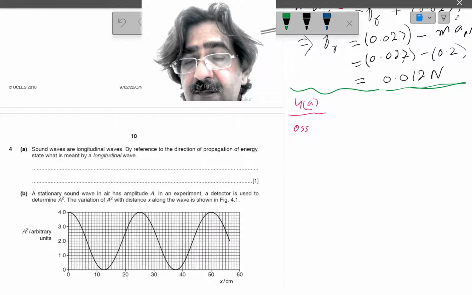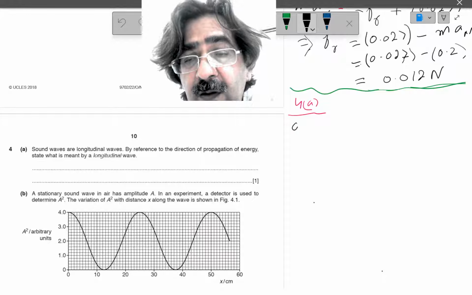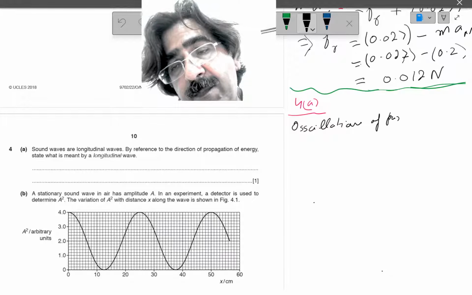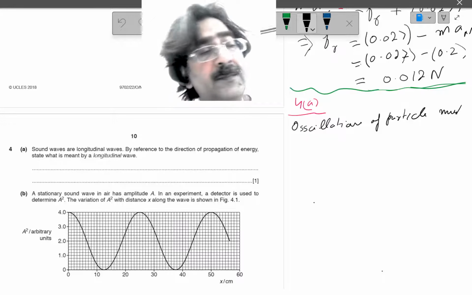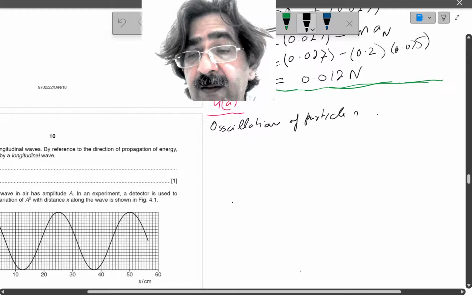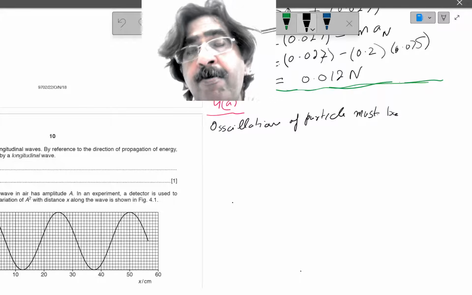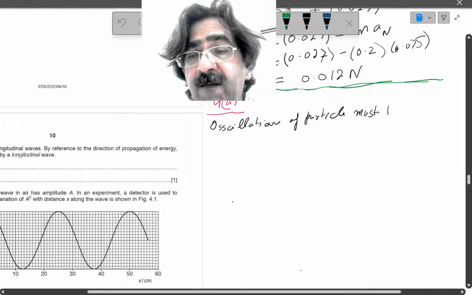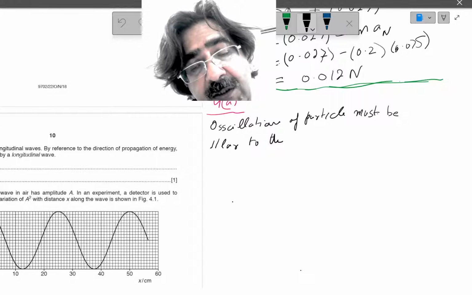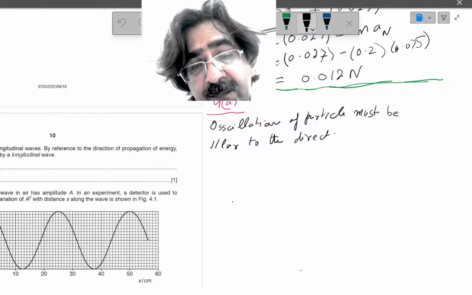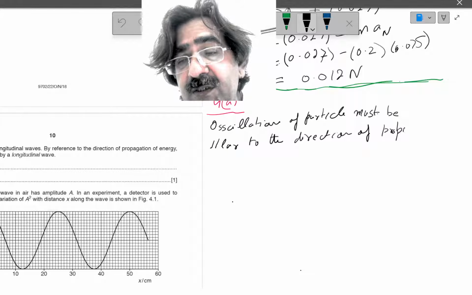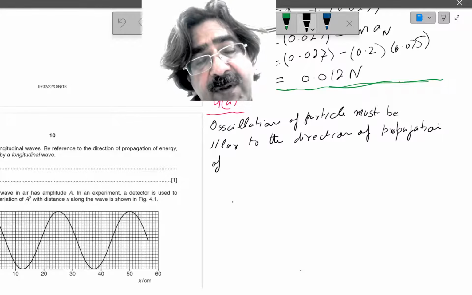The oscillation must be parallel to the direction of propagation of energy or motion.